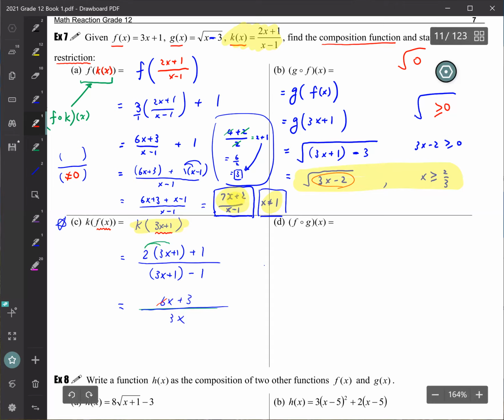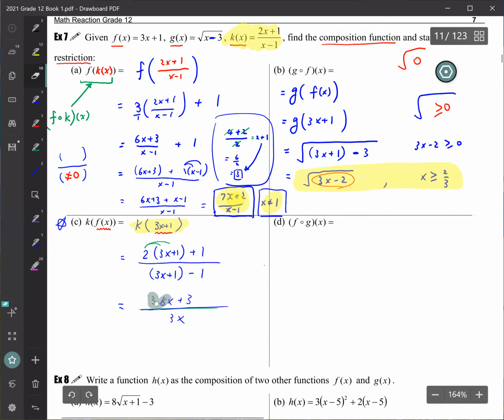You mean I cross the 6 out and divide by 2? Yeah, so that would be 3. Actually, you could divide the 6x by 3.